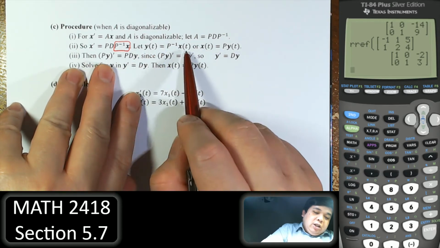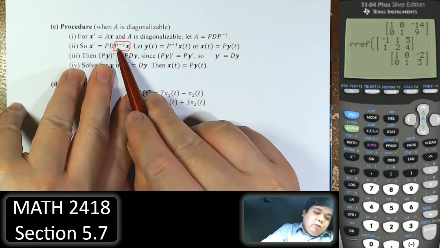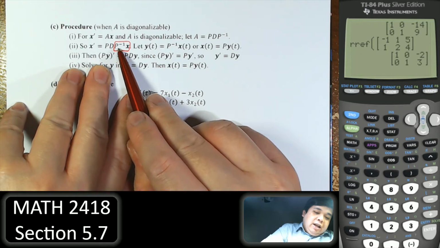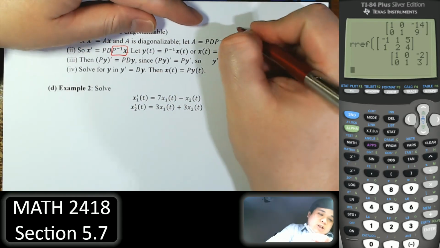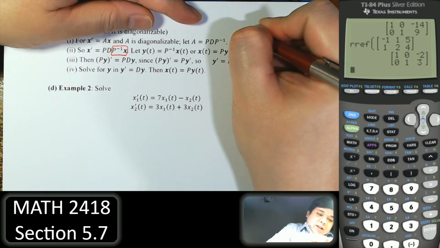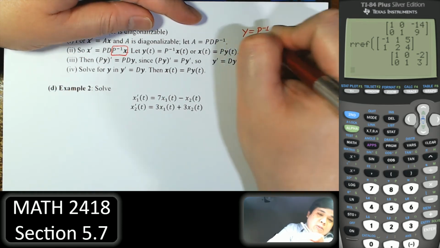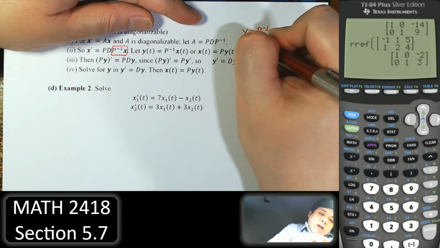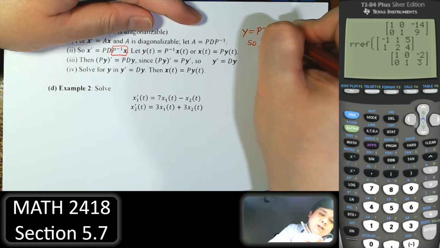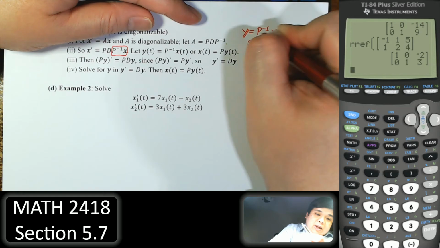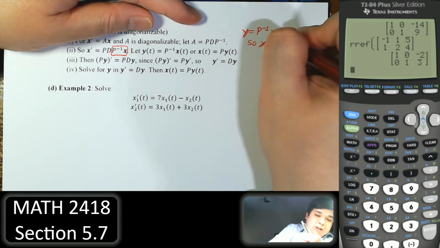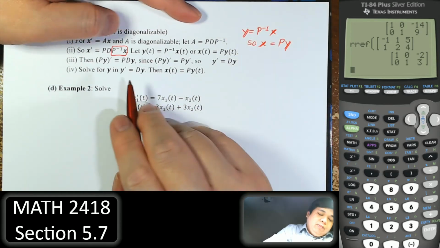We have the Y, so that's what we have. Y here. And then since we have Y equal to P inverse X, multiply P on both sides, so X equal to PY, right?